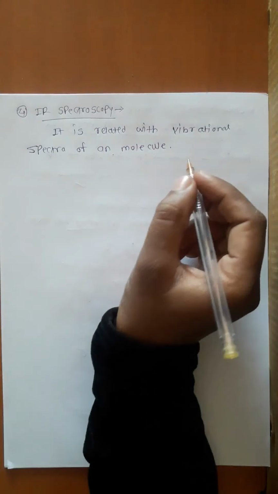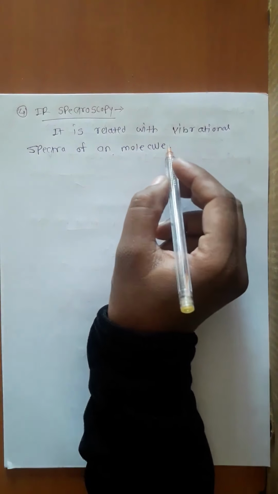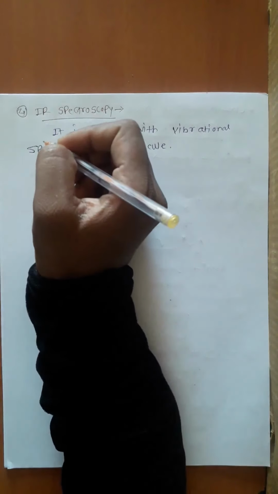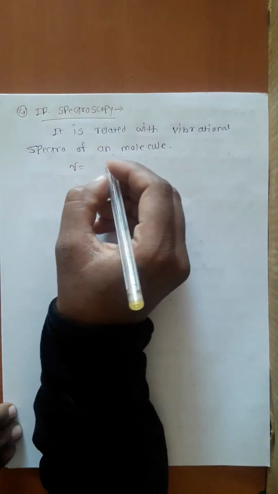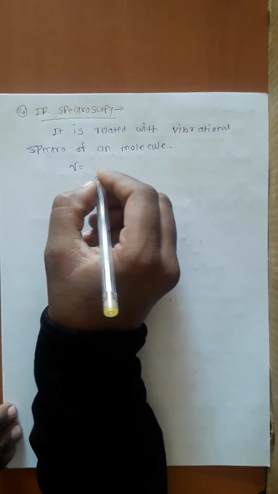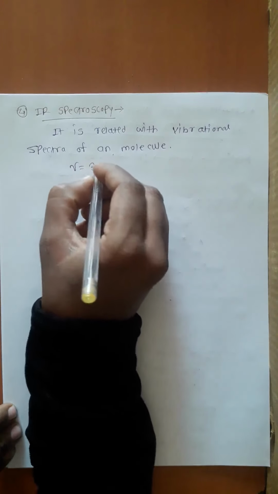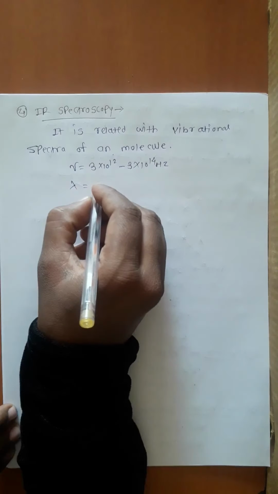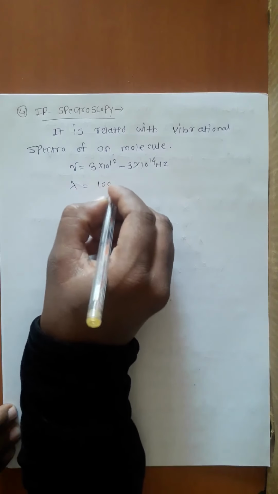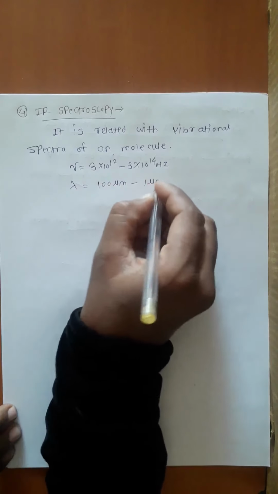Due to vibrations of an atom or a molecule, we get IR spectroscopy. The frequency of this IR region is 3 into 10 raised to 12 hertz to 3 into 10 raised to 14 hertz, and the wavelength is 100 micrometer to 1 micrometer.